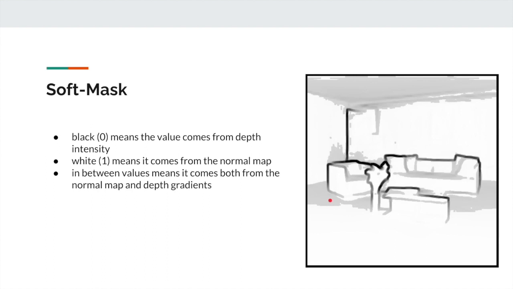So for example, we can see that strong edges here get their information mostly from depth intensities, because we know normal maps don't contain useful information on edges since they change suddenly. Whereas here in flat surfaces, we get most of the information from normal maps. We generate this soft mask automatically using some parameters that the user can control. Now my colleague Mahdieh will present some of the results of our work.